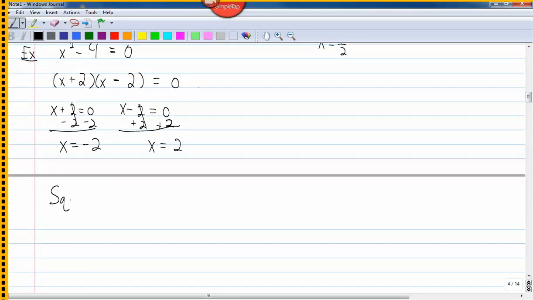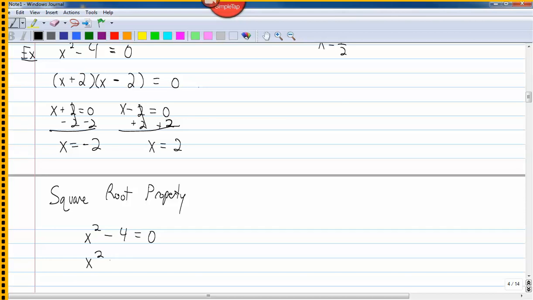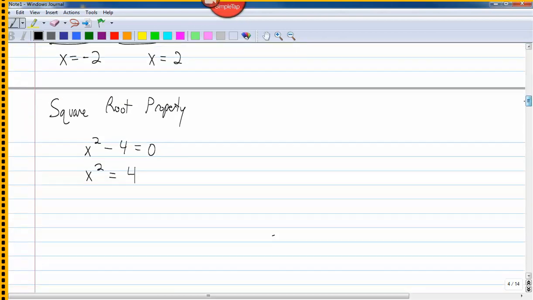Alright, and the square root property says that if we can make the equation x squared equals some number, and if I move this negative 4 over, that'll be a positive 4. If you can ever make an equation x squared equals some number, then that's going to have exactly two solutions, or two answers.